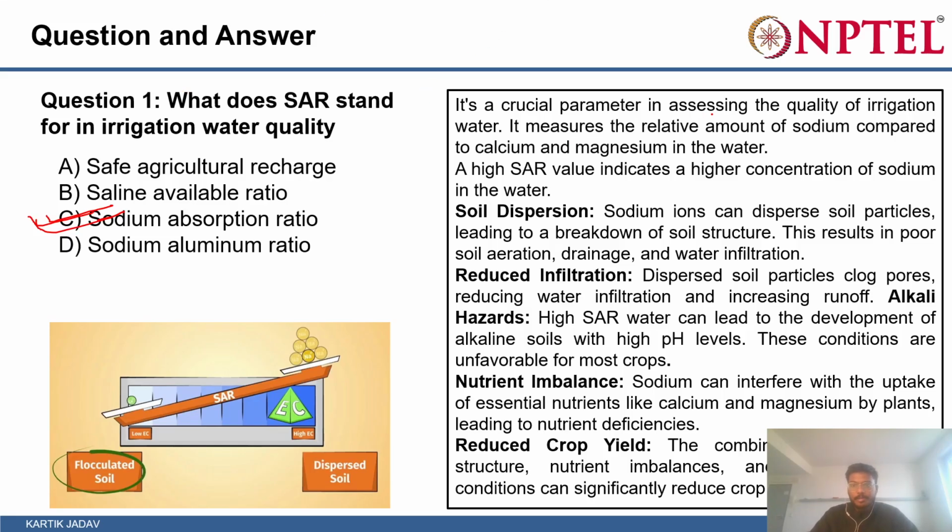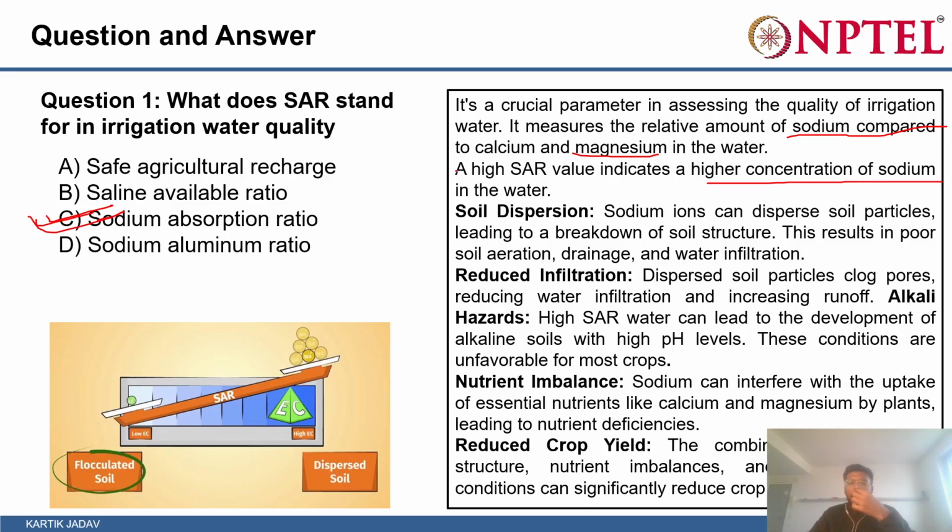It is a crucial parameter in assessing the quality of irrigation water. It measures the relative amount of sodium compared to calcium and magnesium in the water. A higher sodium adsorption ratio value indicates a higher concentration of sodium in the water.